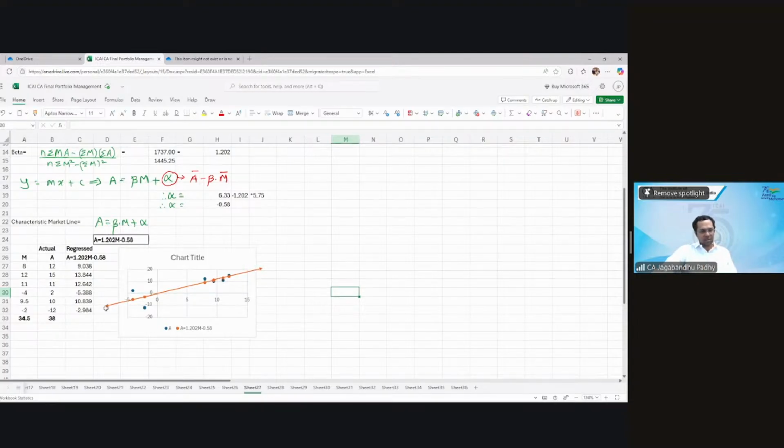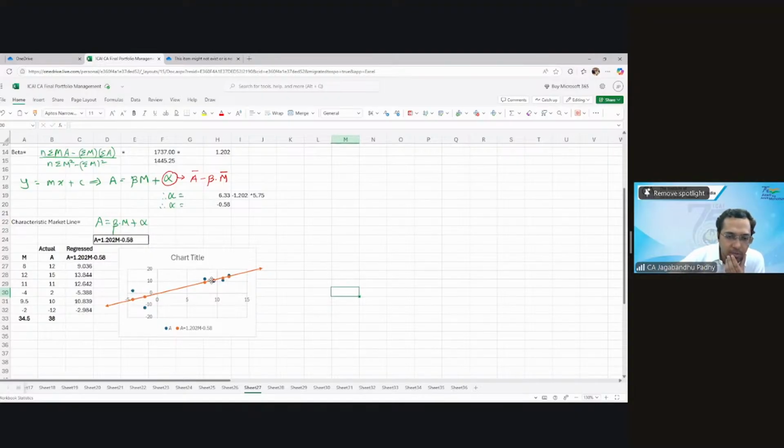And this particular line that we call the characteristic market line is actually a regression line of the security returns on the market return. Have you learned regression earlier? Maybe in foundation. There are two types of regression: y on x, x on y. Right. So this is the return of security on the market return.